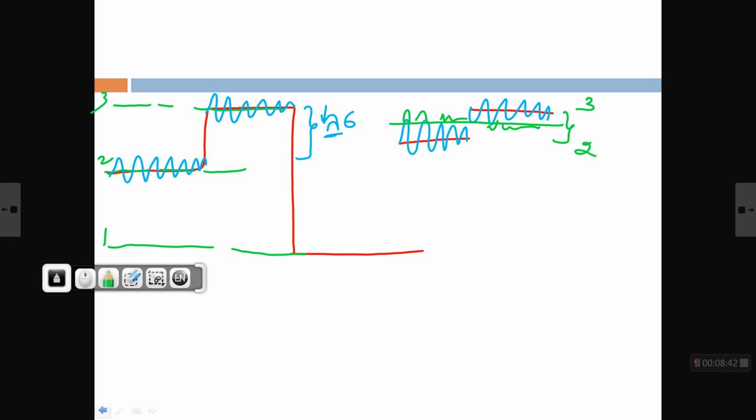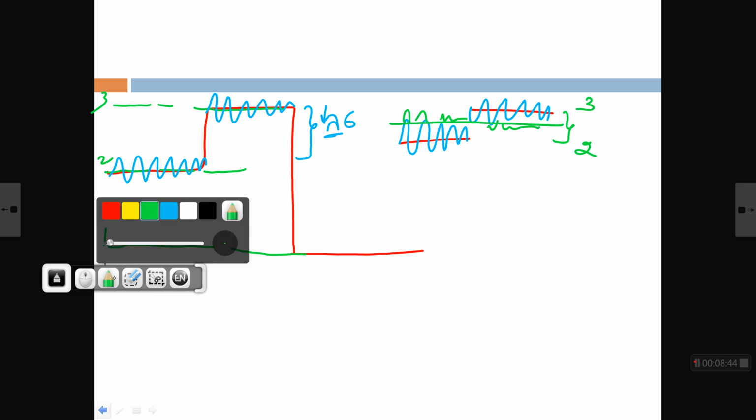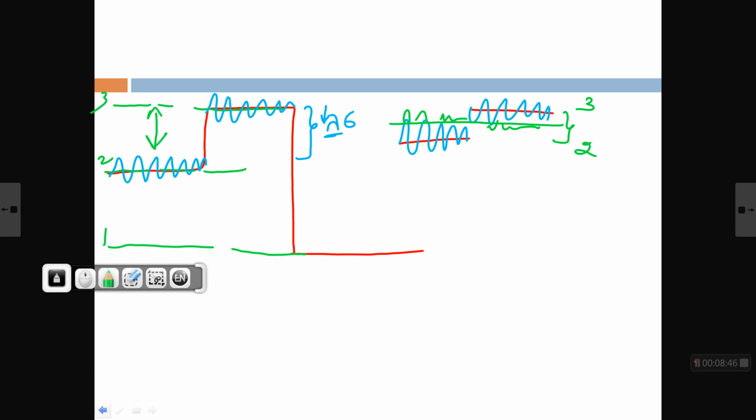So lambda should be selected in such a way that there is sufficient separation between these two levels, and the separation between the two levels depends upon the noise value also.